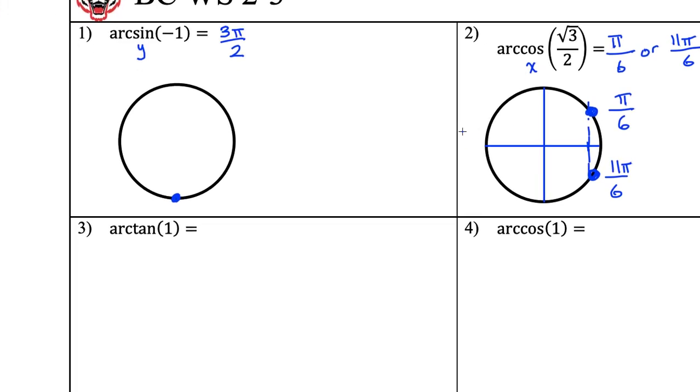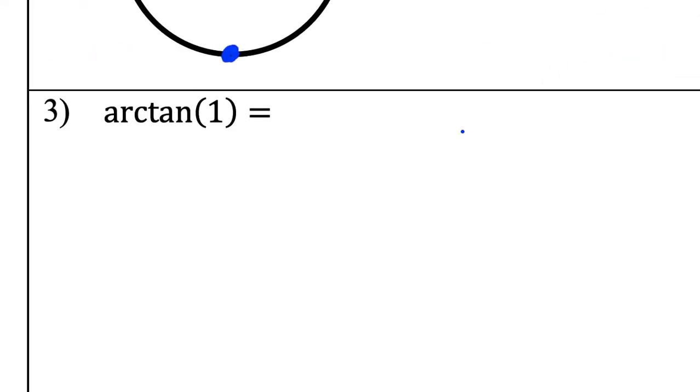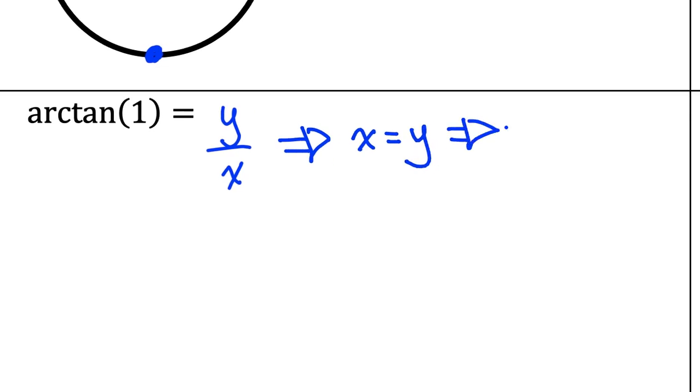Let's try another one. Arctangent of 1. Arctangent of 1 means that my y divided by my x is equal to 1. Or that is, this number and this number are the same. X and y are the same. So this implies x is equal to y, which means it's a 45, 45, 90 triangle.